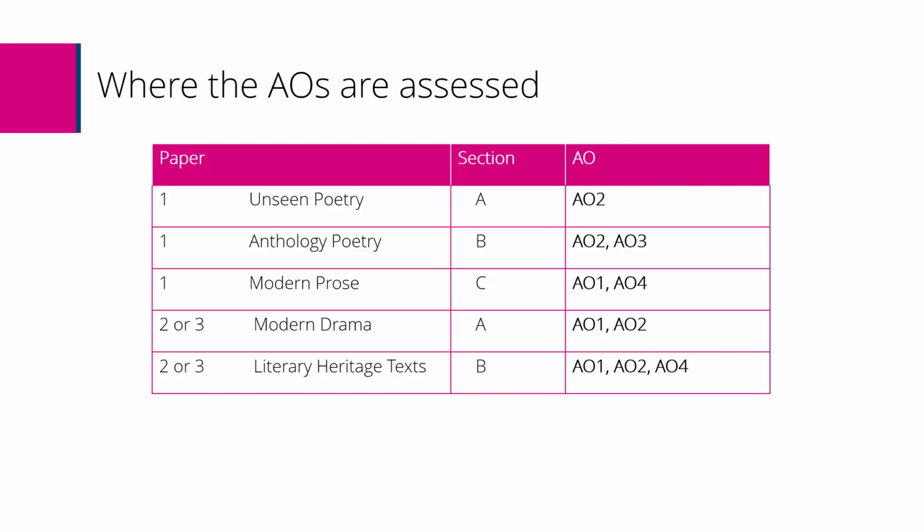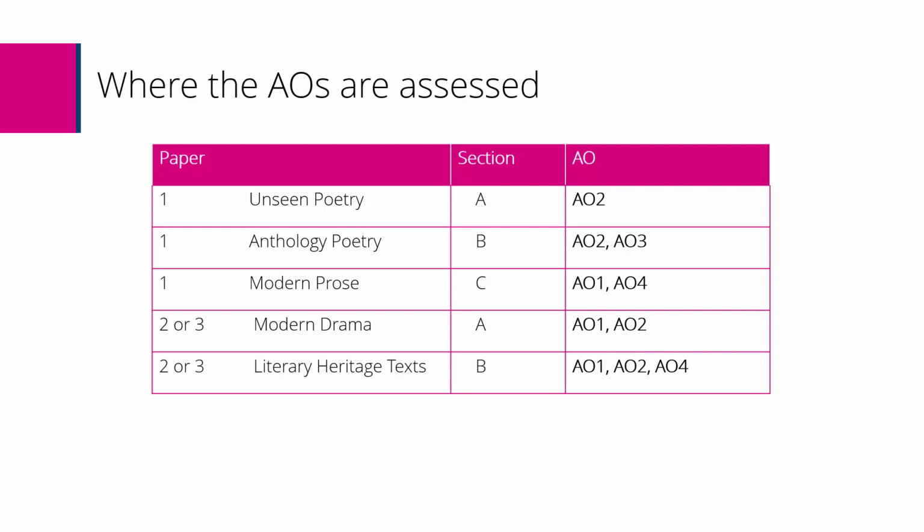Then we have the anthology text. Paper 1, section B, this is the 30-mark question. Students have studied all of these poems before. So they're looking at AO2, the analysis of language, form and structure. And this is the only place on these 2 papers where AO3 comparison is assessed, links and connections.